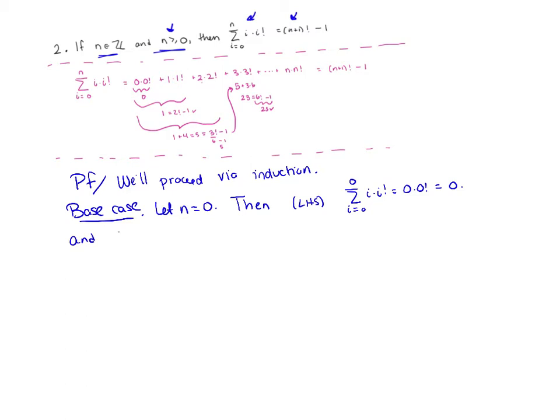And then on that right-hand side, we get that 0 plus 1 factorial minus 1 is equal to 1 factorial minus 1 is equal to 0. So both sides are equal.